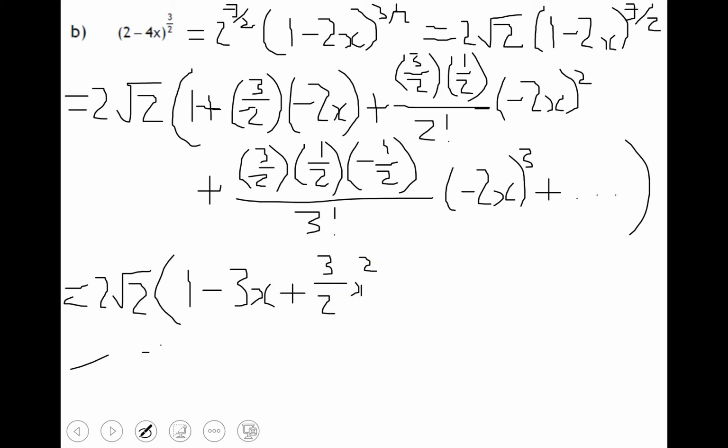And then 3 over 2 times a half times minus a half all over 3 factorial times minus 2x all cubed. So the 3 over 2 times a half times minus half all over 3 factorial times minus 2 cubed for the coefficient part. And we'll have x cubed at the end. We're going to get plus a half x cubed. And again, use calculator for this to make sure you're getting it right.